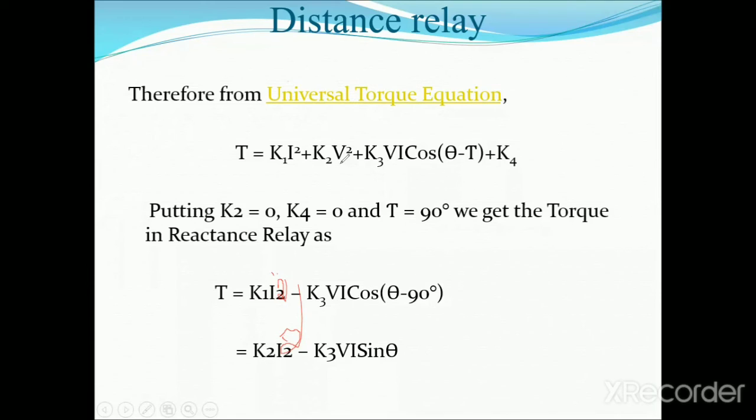With tau equal to 90 degrees, this becomes K1 I square minus K3 VI sin theta.